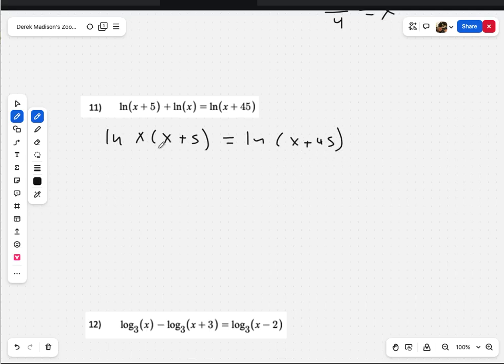So then we have x times x plus 5 equals x plus 45. I'll distribute as I'm rewriting it. So x squared plus 5x equals x plus 45.